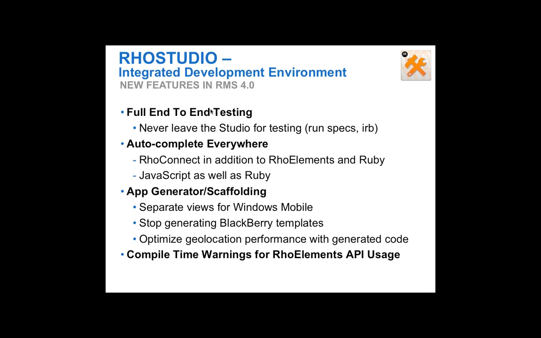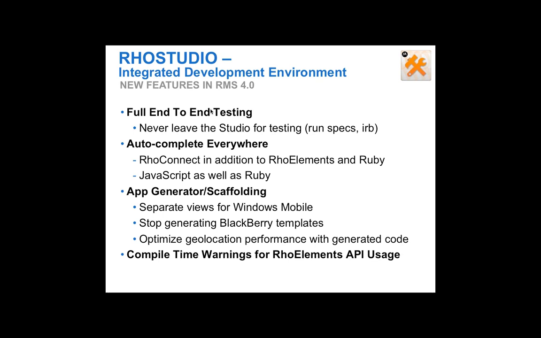In the app generation and scaffolding, we will have separate views for Windows Mobile. We will not generate the BlackBerry templates, but the views for Windows Mobile will be done similar to the way the BlackBerry templates were, where you had index.bb.erb, you'll now have index.wm.erb, and we will not have the jQuery Mobile generated by default.